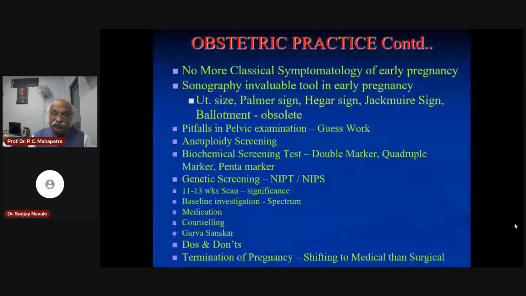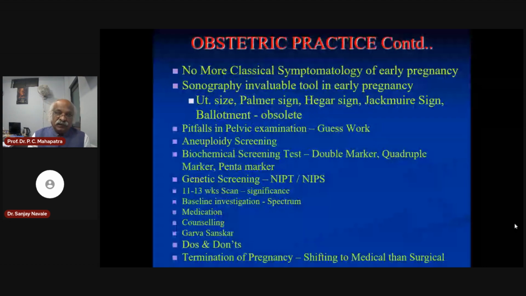With that, they're doing the NIPS 13, 18, 21, and sex chromosome. This is all I wanted, and maybe in future it will be a routine procedure, and NIPS will be done in all pregnancy, and only for the pre-eclampsia screening we can do a PLGF.